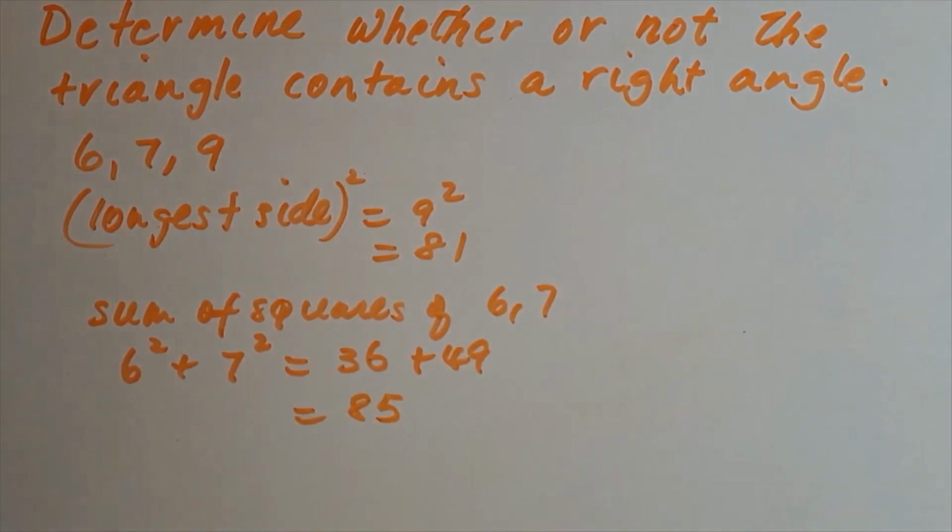Now if the triangle contains a right angle, it is opposite the longest side.